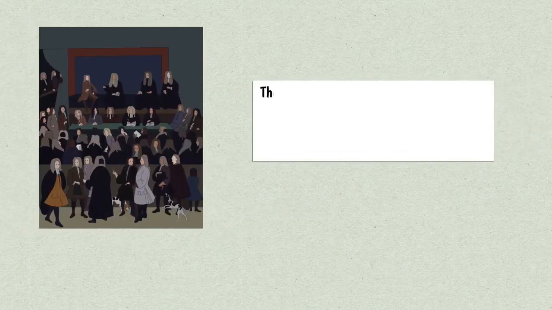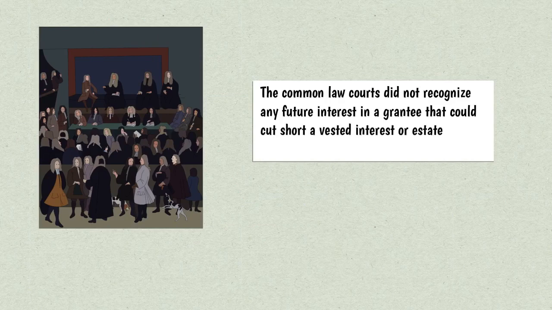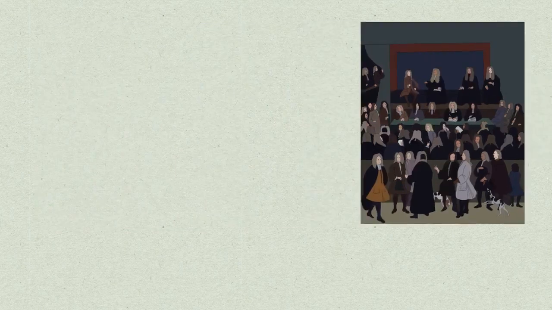Specifically, the common law courts did not recognize any future interest in a grantee that could cut short a vested interest or estate immediately preceding it. In other words, the common law court did not recognize what O did in the example just given.